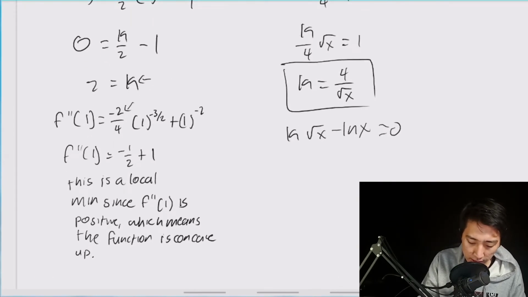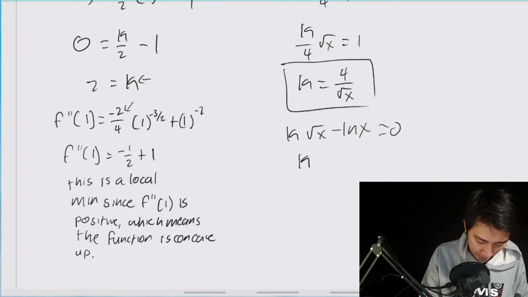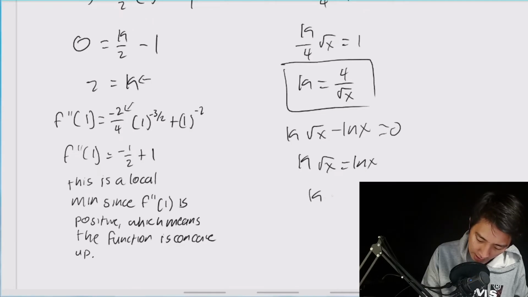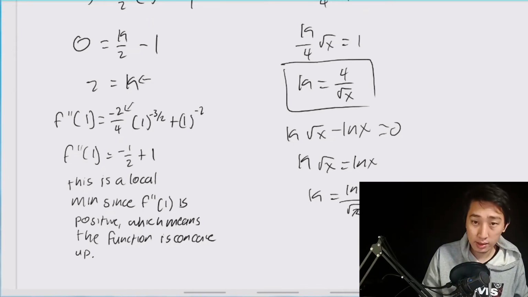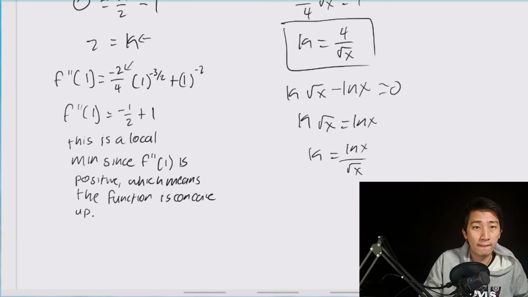So then from here, I'm going to just go k square root x equals ln x. So k equals ln x over square root of x.